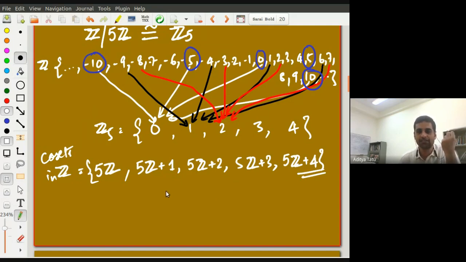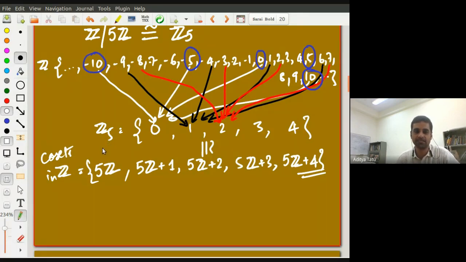Now, be careful in the sense that this is not exactly equal to Z5. By not exactly equal to Z5, I mean as sets. Yes, sir. Right? This is not Z5, but as far as, bringing all of you back to the first class, the interrelationship between these cosets under the group operation addition is concerned, this set of cosets in Z behaves exactly the same way as the elements in Z5 behave.